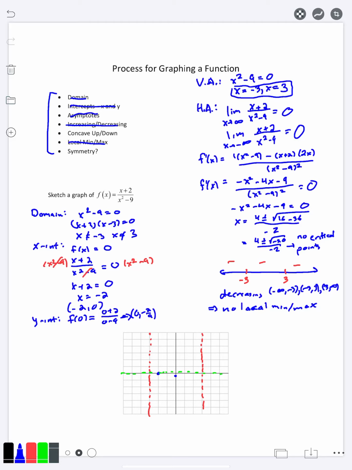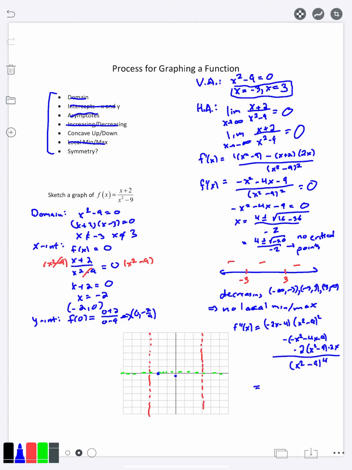And then the last thing we need to do is concave up and down, so we take our second derivative here, and it's a bit more of a pain here, so derivative of the top times the bottom, running out of room here, minus the top times the derivative of the bottom all over the bottom squared.